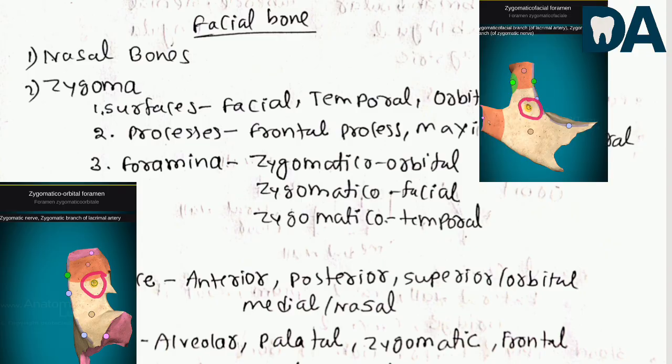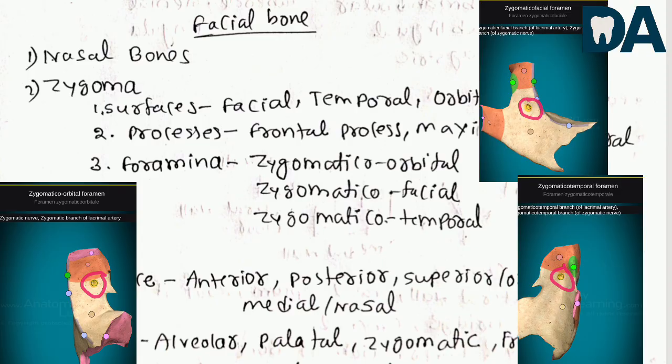Zygomatic orbital foramen: present on the orbital surface of the zygoma to transmit the zygomatic nerve. Zygomatico-facial foramen: present on the facial surface of the zygoma to allow the exit of the zygomatico-facial nerve and artery.